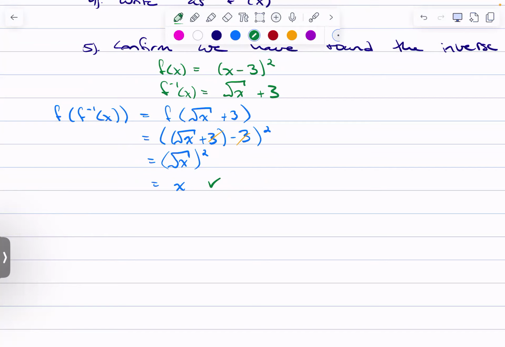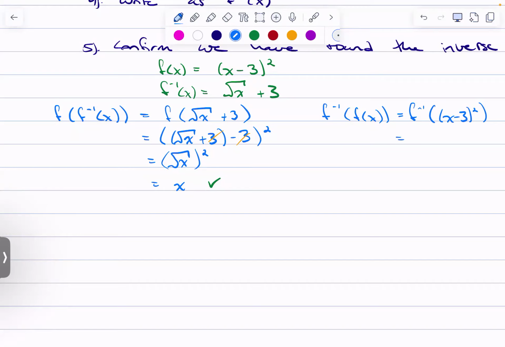I feel good about the inverse I found, but let's do the other function composition, just in case. Has to be true for both. The inverse at x minus 3 squared. Wherever I see an x in the inverse, I'm going to replace it with x minus 3 squared.